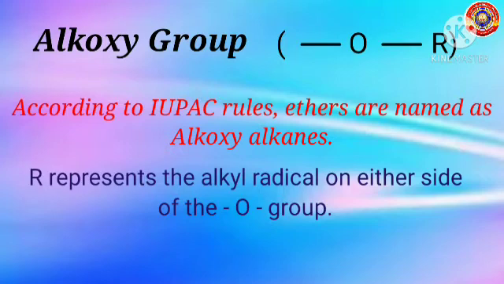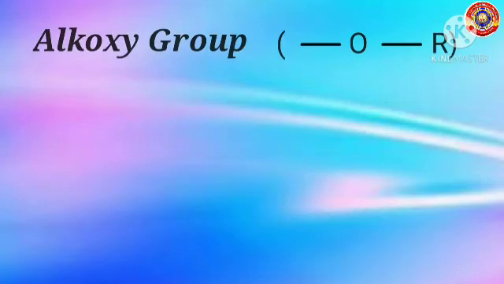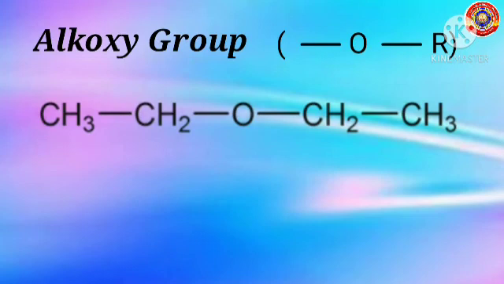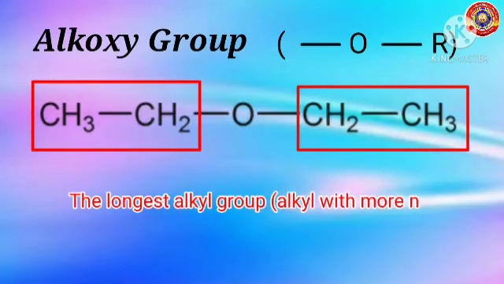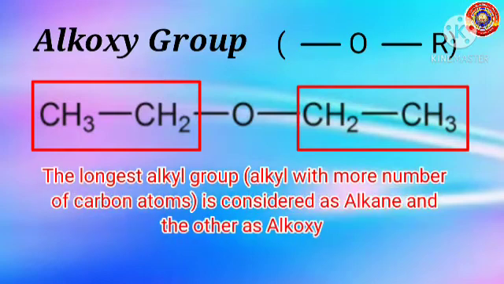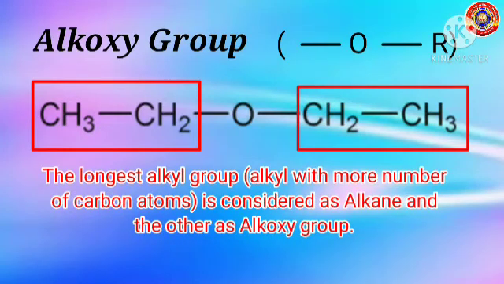For example, consider the alkoxy alkane CH3CH2O CH2CH3. See the number of carbon atoms present on either side of the O group. How many carbon atoms are there? 2, right? As per the rule, the longest alkyl group is considered as alkane and the other as alkoxy group.